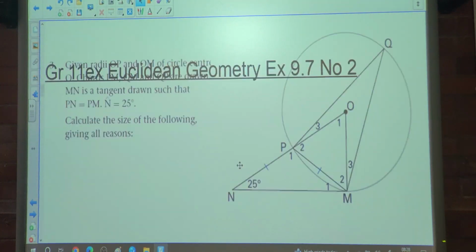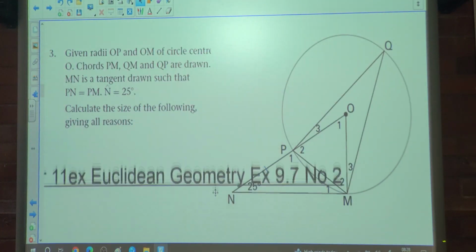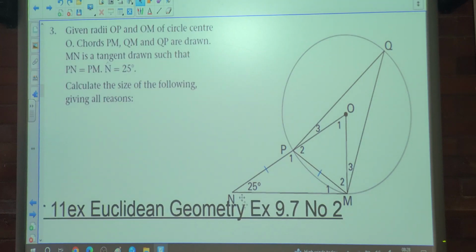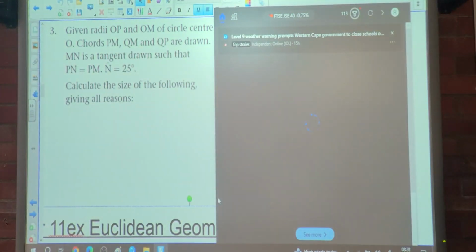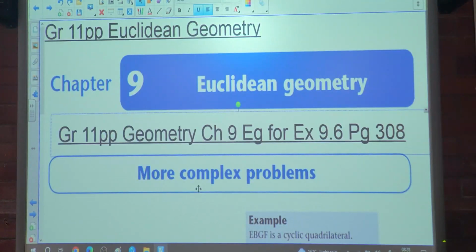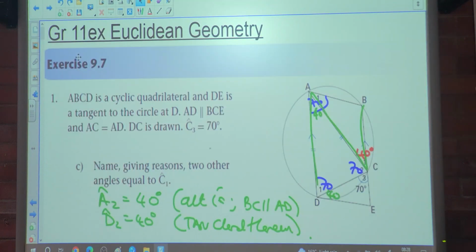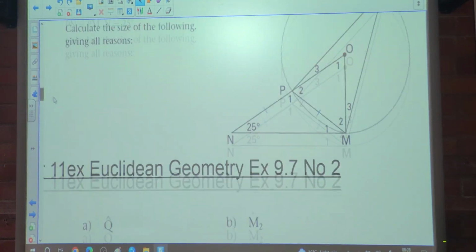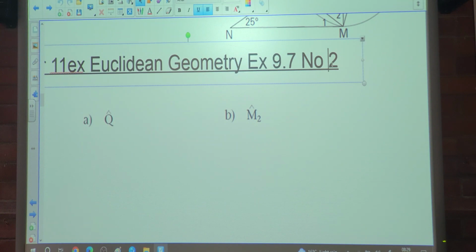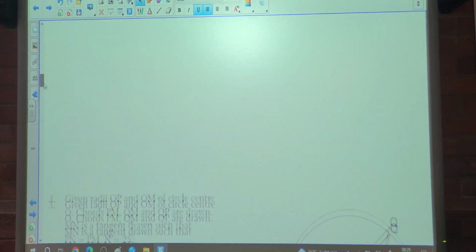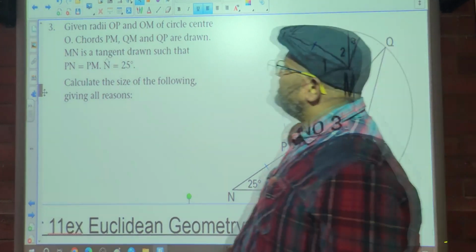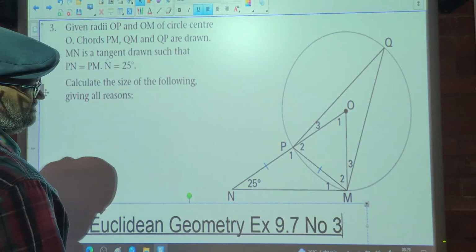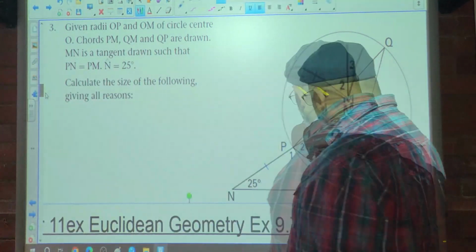Look at number 3. Okay, so number 3 we are told, given radii OP and OM.